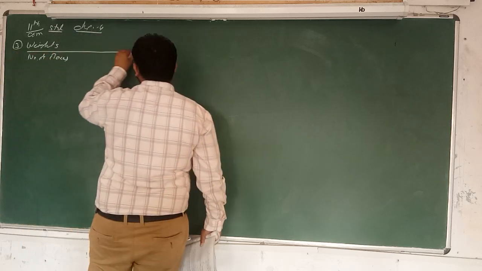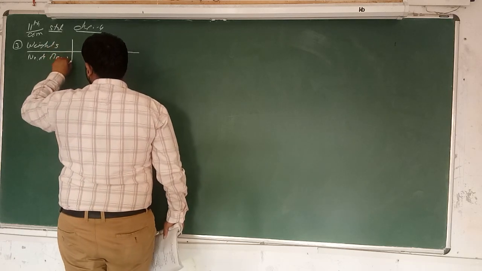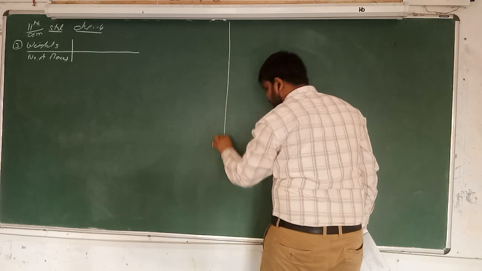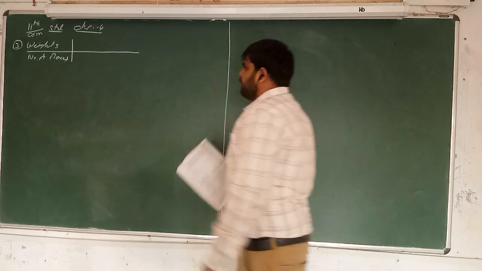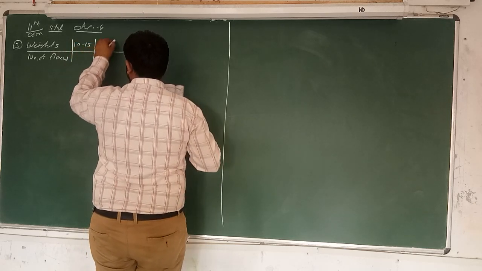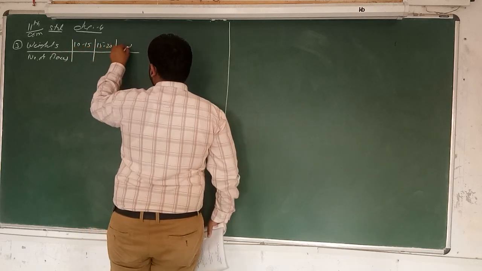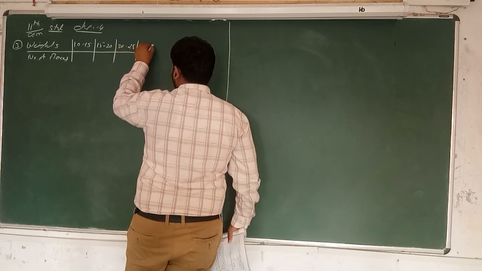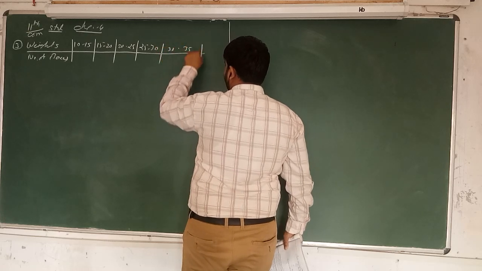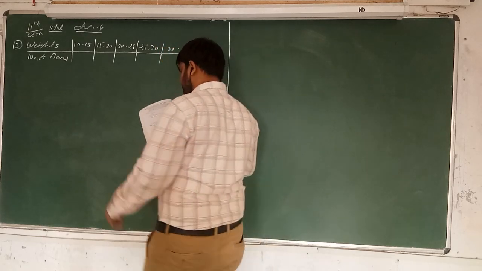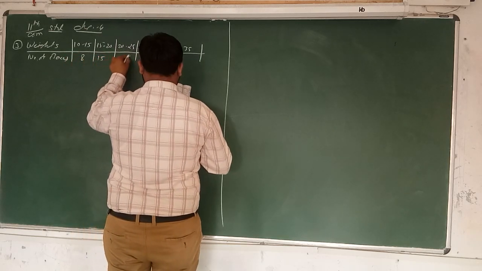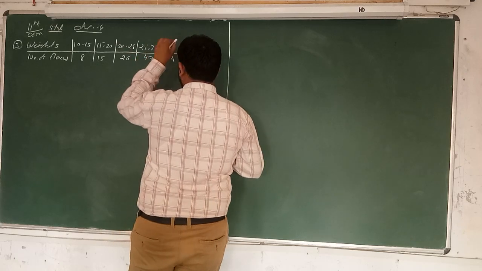As we know, there are only two pieces of information. The weights are 10 to 15, 15 to 20, 20 to 25, 25 to 30, and 30 to 35, and the boxes are 8, 15, 26, 47 and 4.